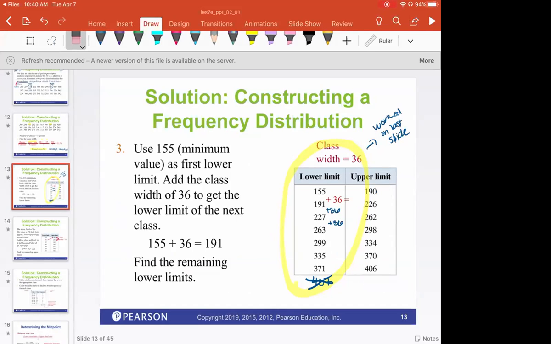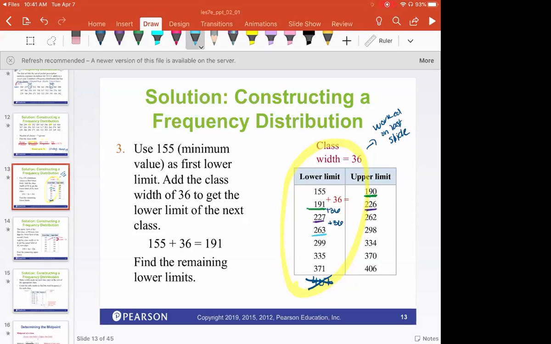Now your upper limit and your lower limit guide you. So if this is 191, then the one before it needs to be one less, 190. If this is 270, then the one before it needs to be one less, 126.